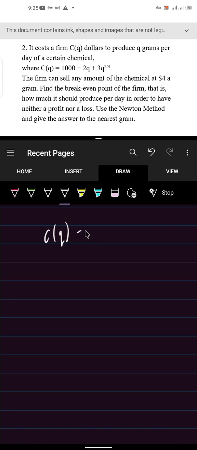So C of Q is the cost to produce, and Q is the grams produced per day.